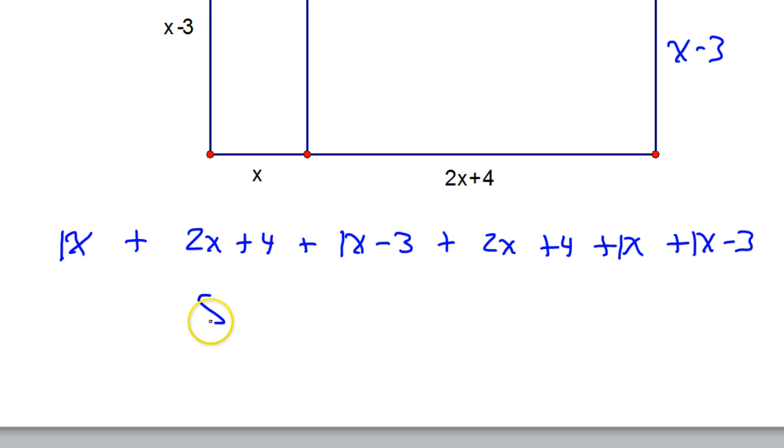So I've got 8x. Now the number part, I've got 4, okay, minus 3 is 1, plus 4 is 5, minus 3 is 2. So the perimeter is 8x plus 2.